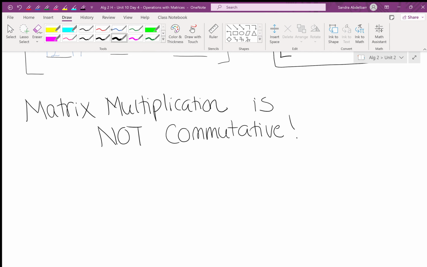So what does that mean? A times B does not equal B times A. You cannot switch the order that you multiply. Why? That last problem was a perfect example.